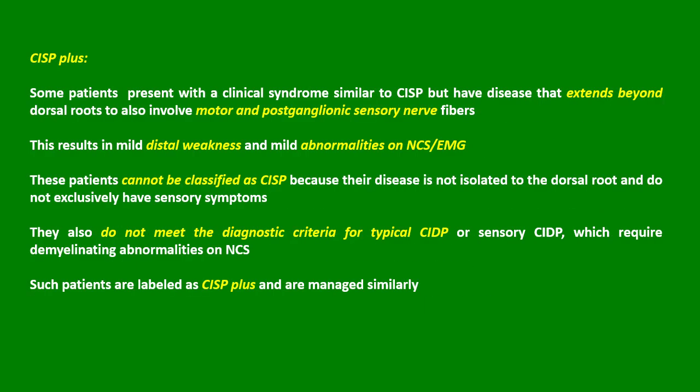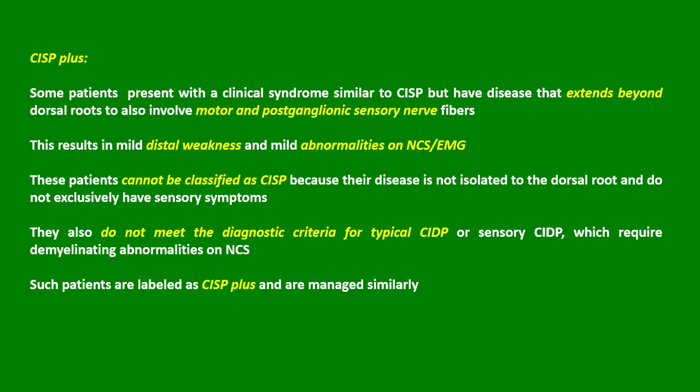CISP plus. Some patients present with a clinical syndrome similar to CISP and have disease that extends beyond dorsal nerve roots to involve motor and postganglionic sensory nerve fibers. This results in mild distal weakness and mild abnormalities on nerve conduction studies and EMG.